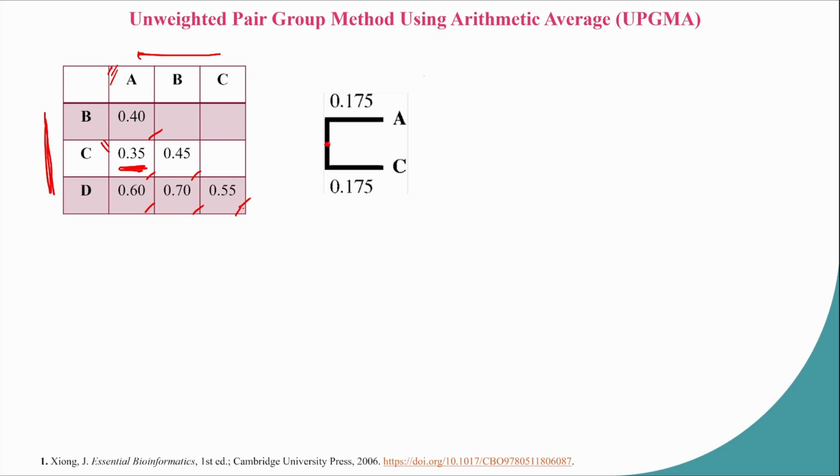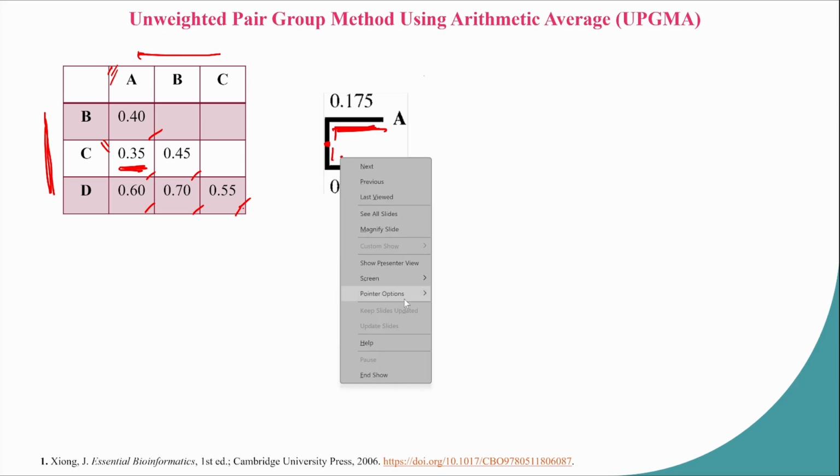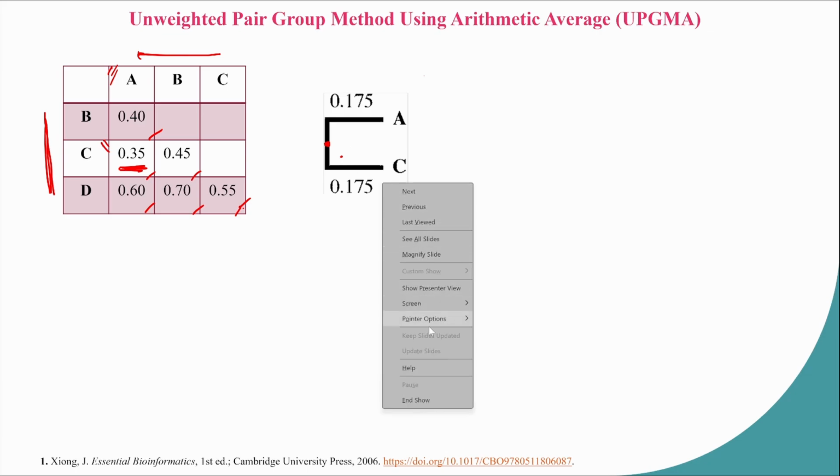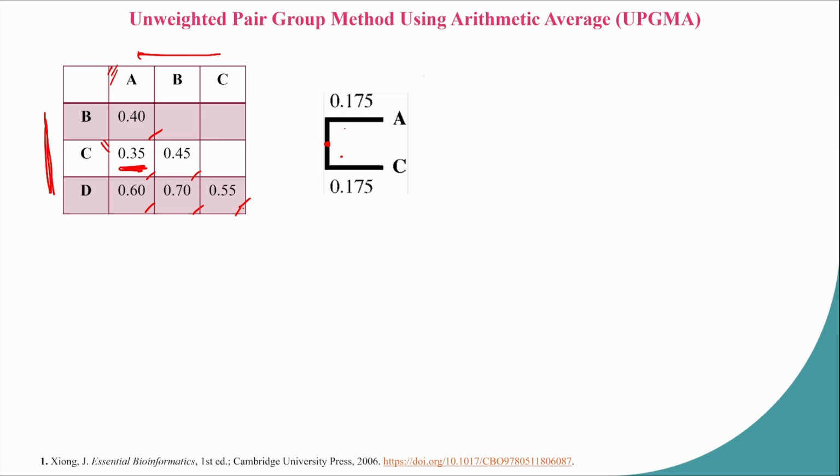The branch length is considered as half of the entire distance value. Since it was 0.35, we divide it by 2, so 0.35 by 2 is 0.175. This branch is 0.175, and this one is also 0.175.